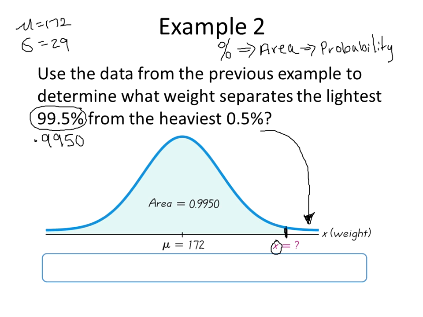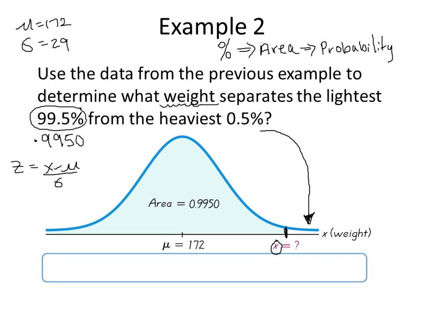The mean is not 0 and the standard deviation is not 1, so I have to use that conversion formula, but the form that's solved for x. Remember we had z equals x minus mu divided by sigma. But in this case, it asks us to find the value or weight that separates one side of our graph from the other.